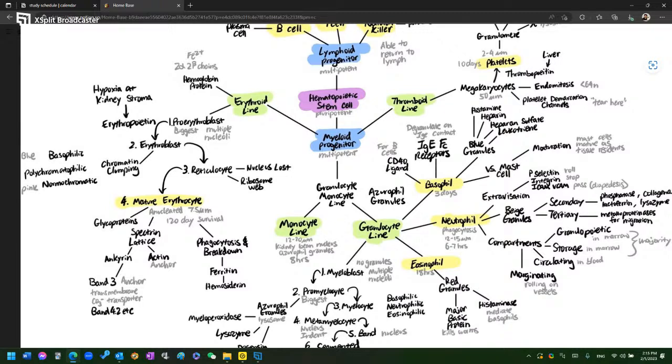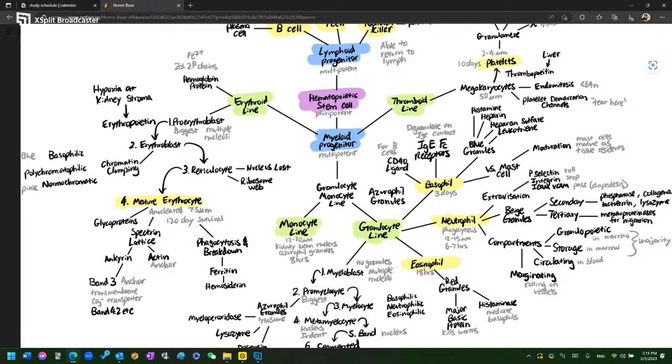Red blood cell is non-nucleated, and the most important protein that's found inside of a red blood cell is hemoglobin. Hemoglobin uses iron, specifically the 2+ cation of iron, to hold on to oxygen and transport it throughout the body.